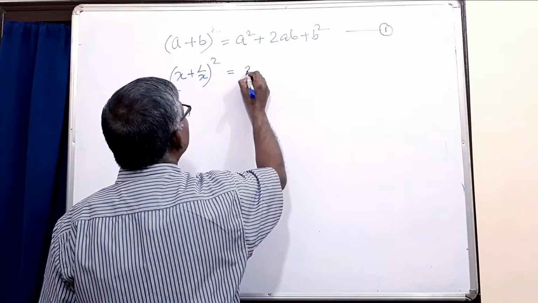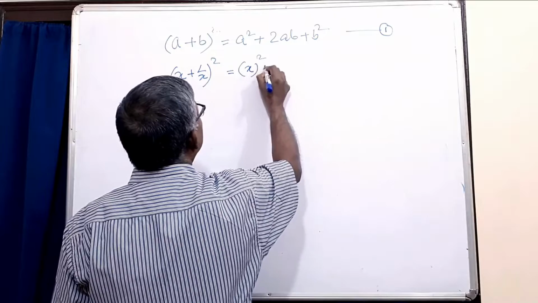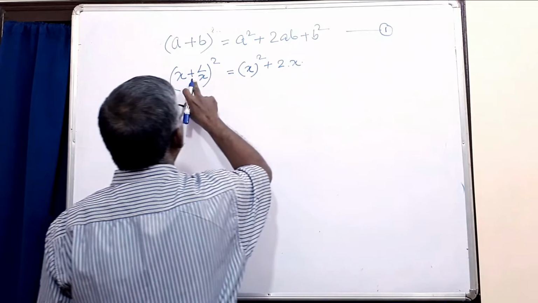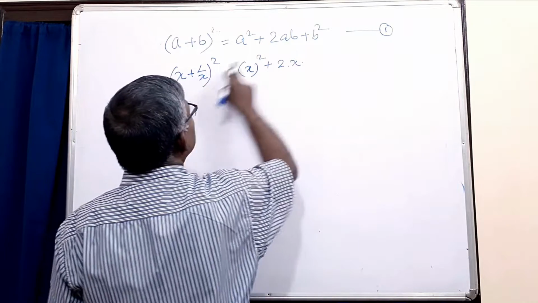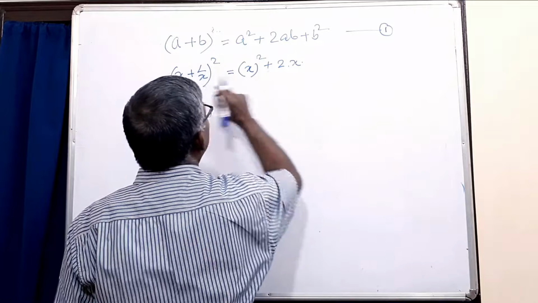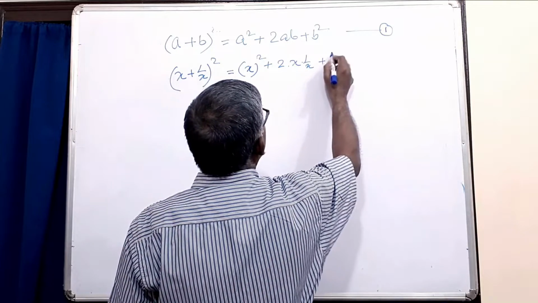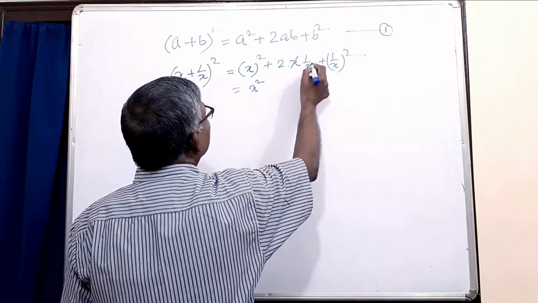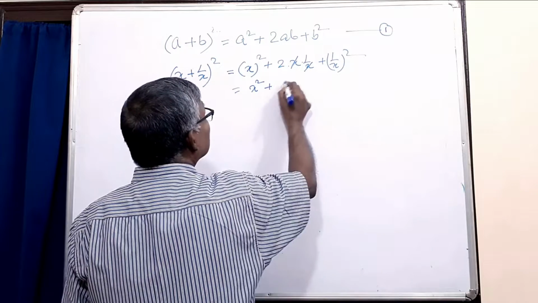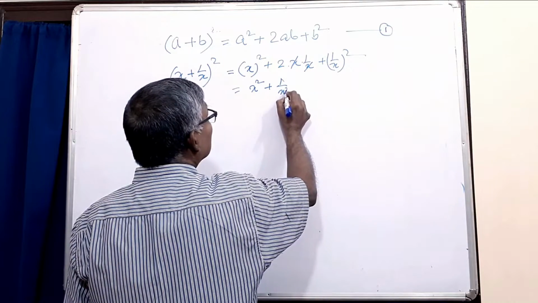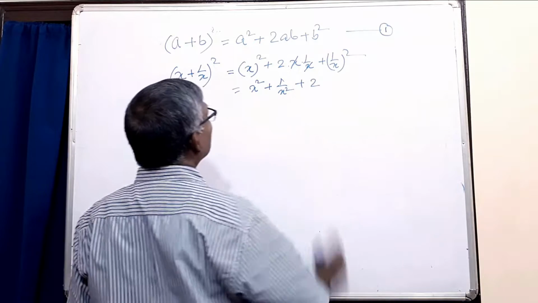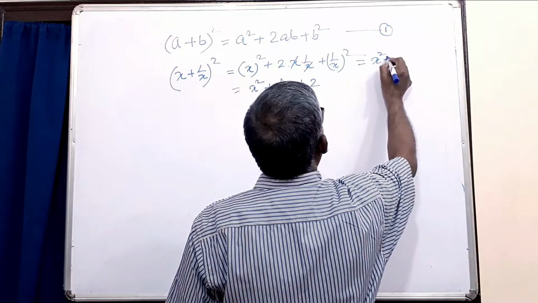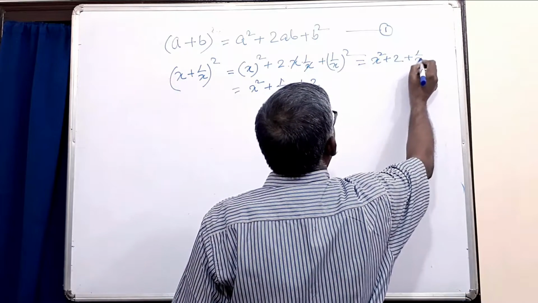Here a square means x square, plus 2 into x into b, where b means 1 by x, plus 1 by x square. Here x is cancelled, so it is x square plus 2, or you can write this directly as x square plus 2 plus 1 by x square.